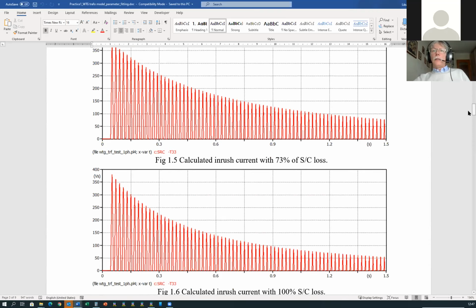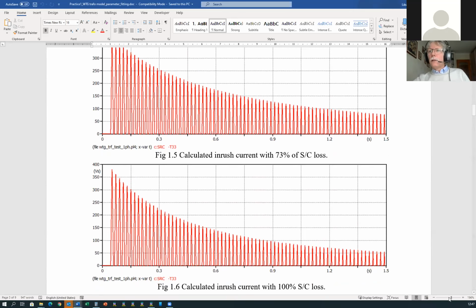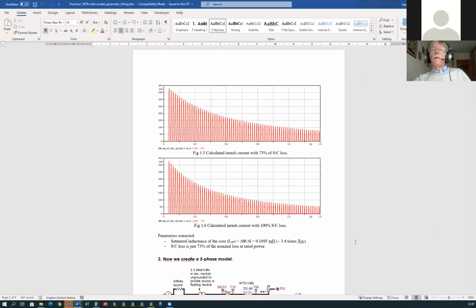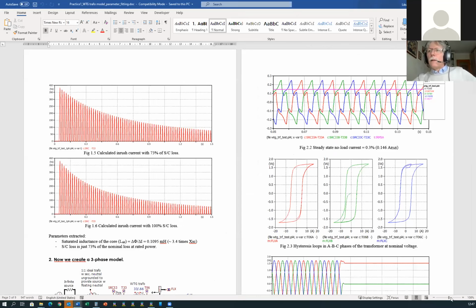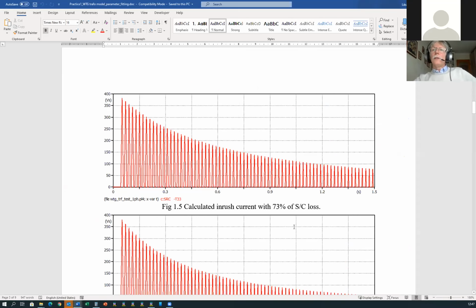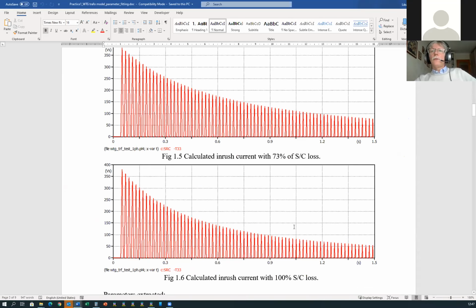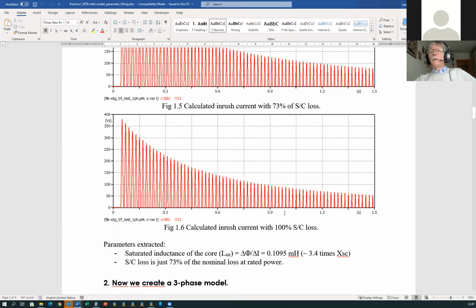The parameter fitting at the beginning was not a success. If you consider the total short circuit loss provided by the manufacturer, the damping is much faster after inrush current peaks.